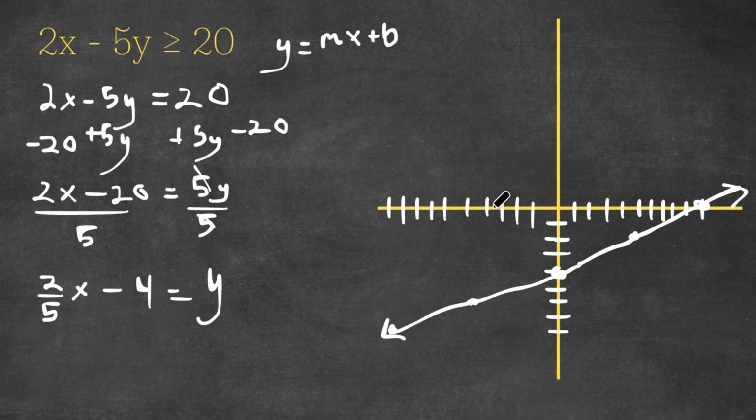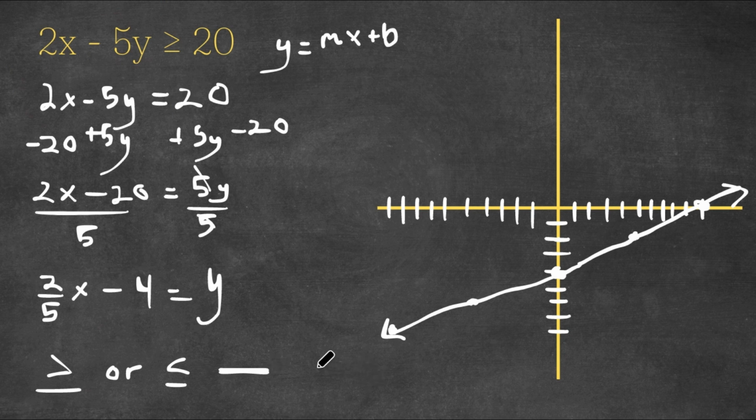Okay, so now that we've graphed our line, what are we going to do about this inequality here? Well, first of all, depending on whether the inequality is greater than or equal to, or simply greater than, our line is going to be different. If an inequality is greater than or equal to, or less than or equal to, then this line is going to be a straight, non-dotted line.